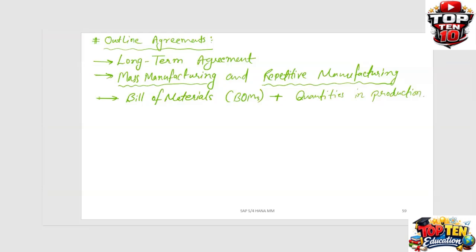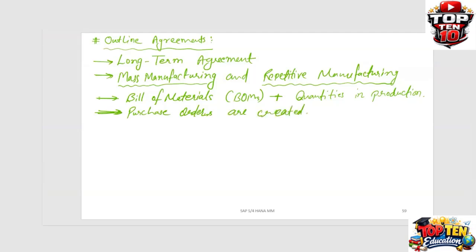So when we are doing mass manufacturing of one finished good, certain materials are required on a daily basis, and we know that to procure the materials we create purchase orders.